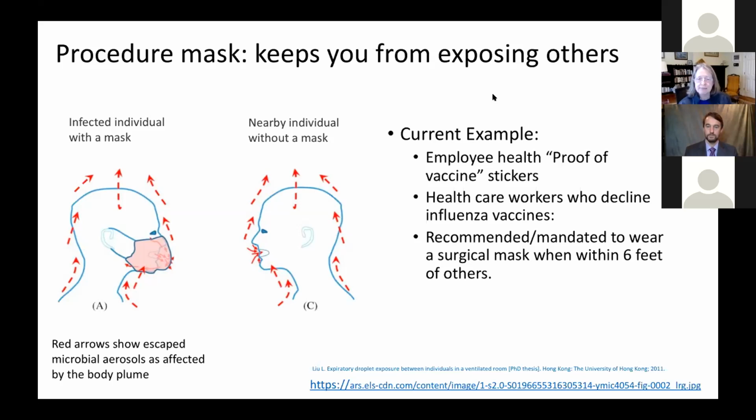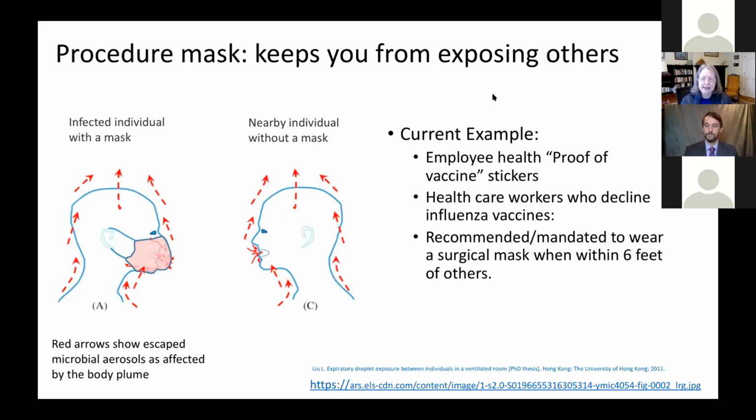So an example of how this is used in the healthcare and infection transmission setting is that institutions have proof of vaccine stickers for the influenza vaccine. And so a healthcare worker who declines the influenza vaccine will be mandated to wear a surgical mask when within 6 feet of others. In some institutions, according to their policies, it's recommended; some institutions mandate that.